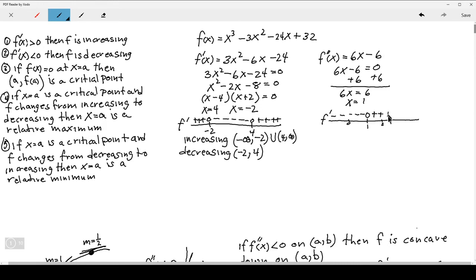So that's going to be positive on that side. So that means I can call 1 an inflection point. The function changes concavity, so x equals 1 is an inflection point, because f changes concavity.